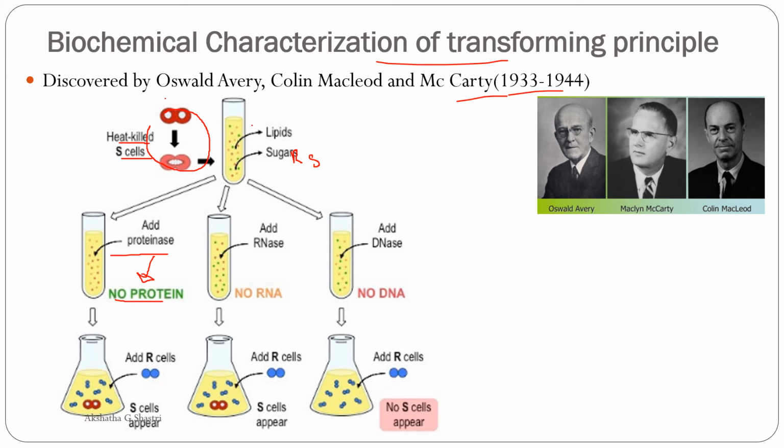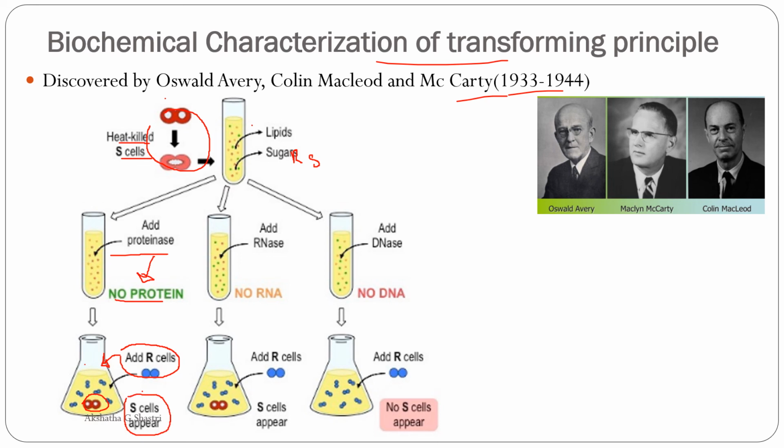When the R cells are introduced, that means the live R strains are introduced to this mixture, which contains just the heat-killed S cells, they found the transformation, and the S cells appeared in the beaker.